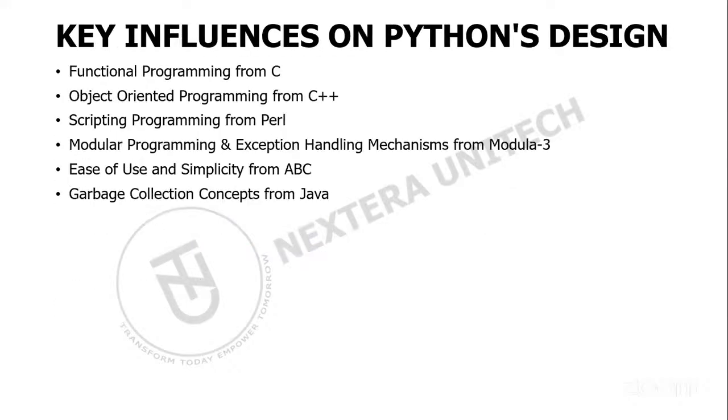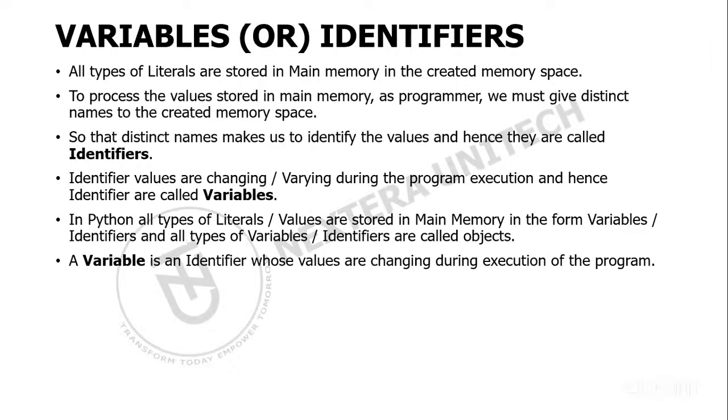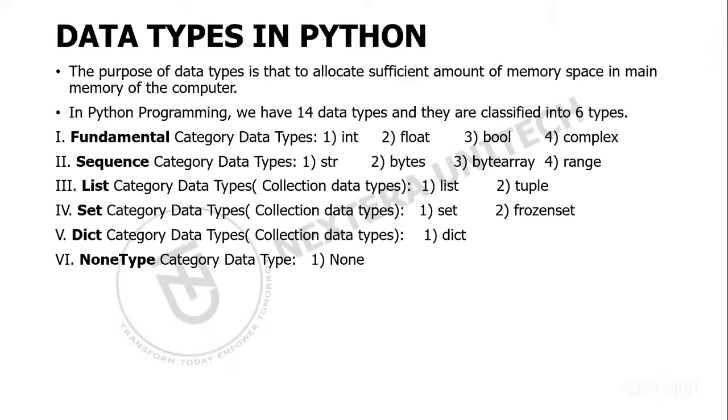What is the purpose of data types? What makes us use data types in Python is that they help us allocate a sufficient amount of memory. Enough memory will be allocated by whom?